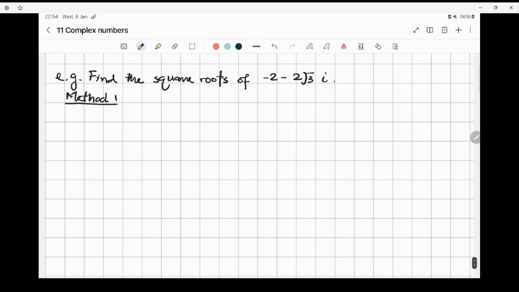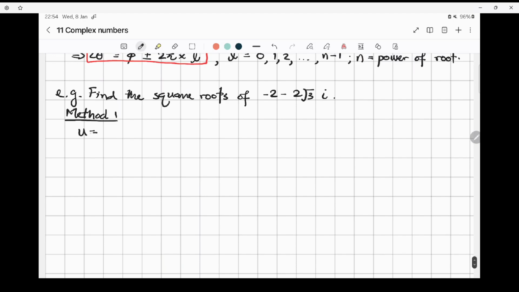What you need to do is let u equal minus 2 minus 2 root 3 i, and then define z equals x plus iy, and z is equal to the square root of u. So z squared will be equal to u.